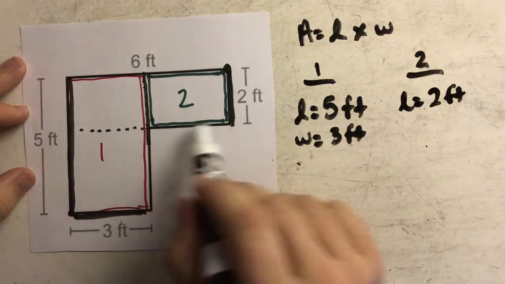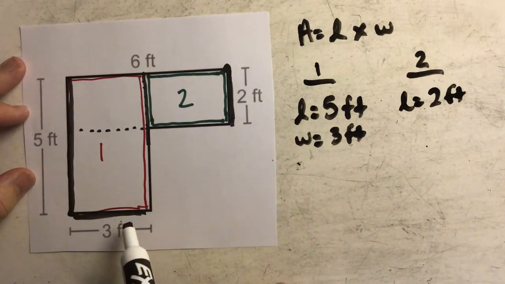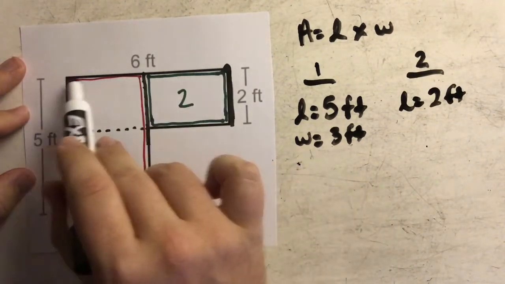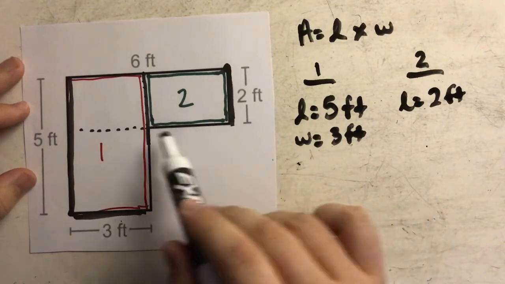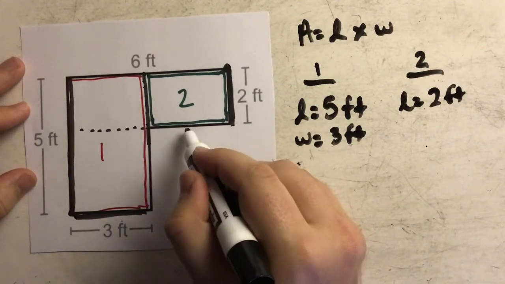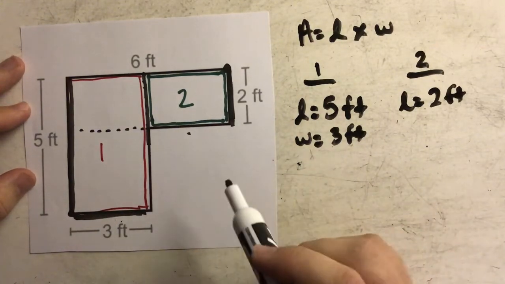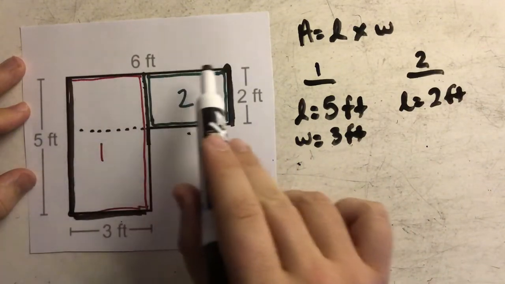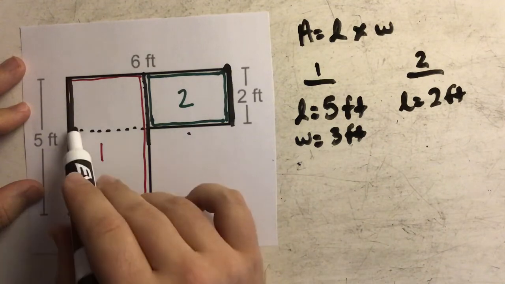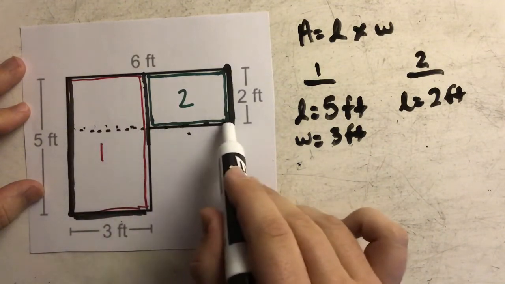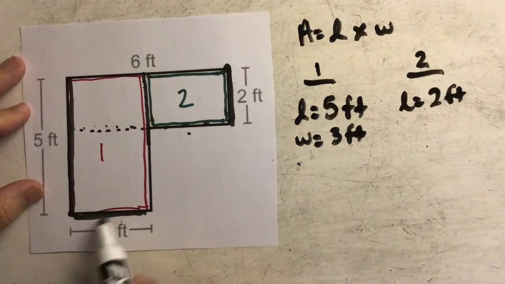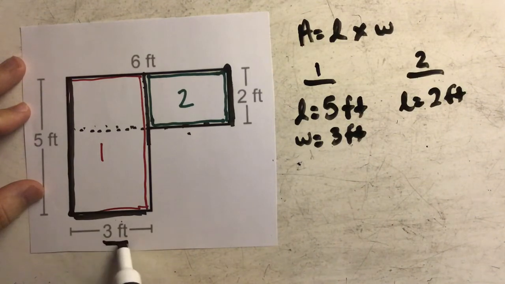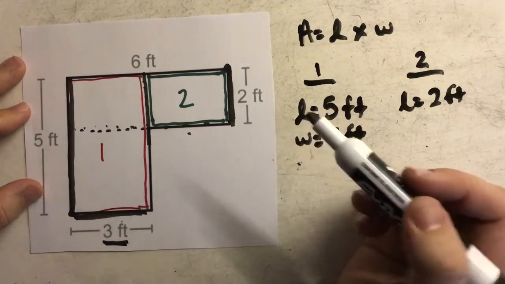But I can't see what my width is. I know that this is 3, and I know this whole line over here is 6, but I can't determine what this line is right here. So if I know that this line would really be equal to this whole line right here, all I need to do is subtract the leftover to find what I have missing.